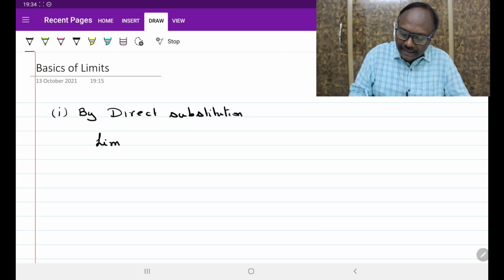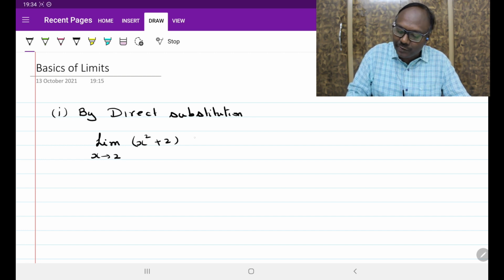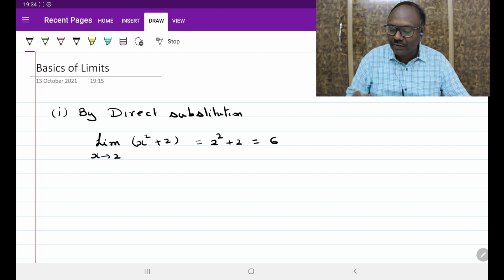Limit x tends to 2, x square plus 2. So, if on directly substituting 2 in this function, if we get a real number, then the limiting value of the function will be the real number which we are going to obtain by substituting x equal to 2 in the function. So, on substituting x equal to 2, we get 2 square plus 2, that is equal to 6. So, the limiting value of this function is 6 itself.